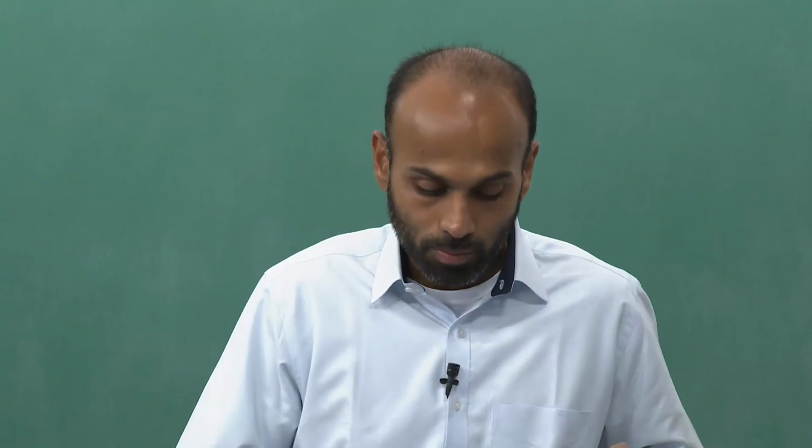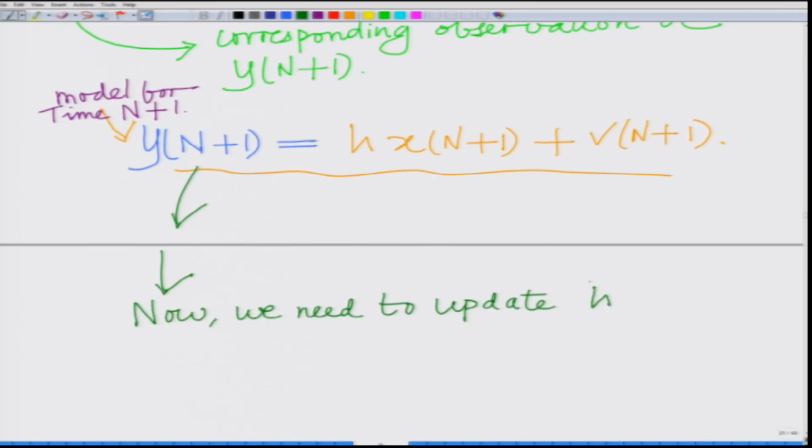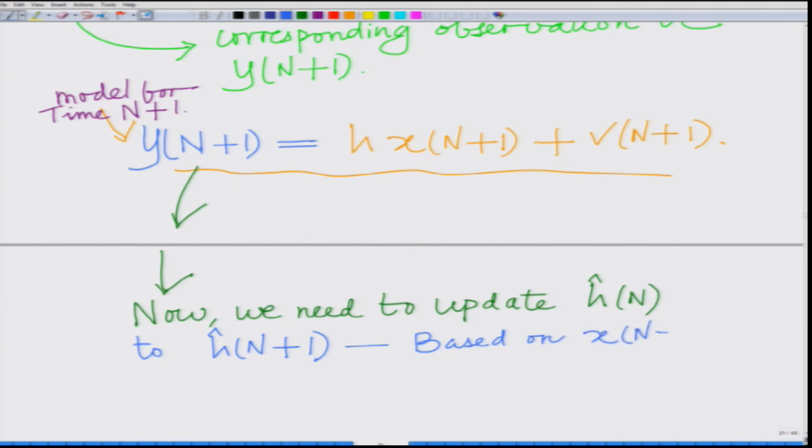So the task in sequential estimation is to update h hat of n to h hat of n plus 1 based on x of n plus 1 and y of n plus 1.